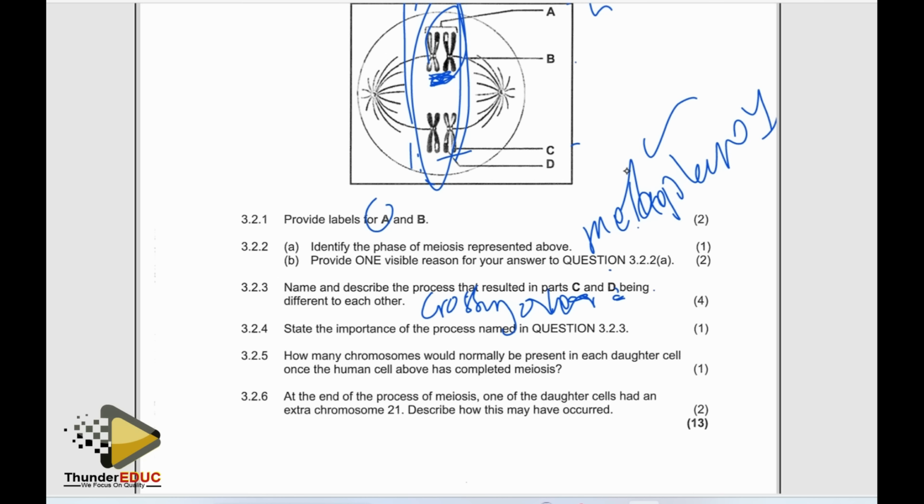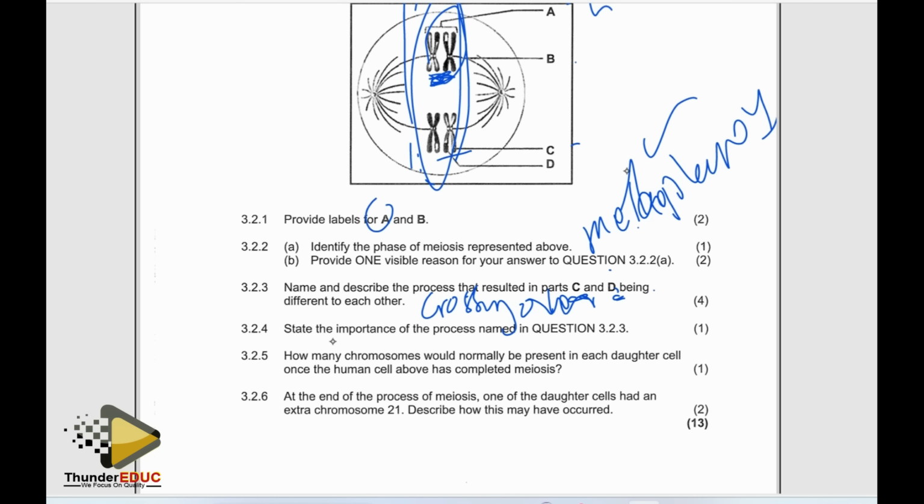After that they separate, so they exchange genetic material. Then after that they separate, so that each chromosome now has genetically different material. So you just describe the process of crossing over.